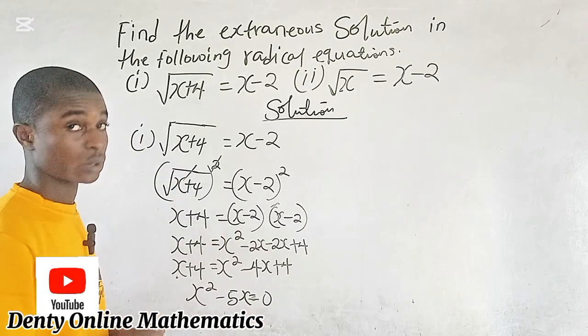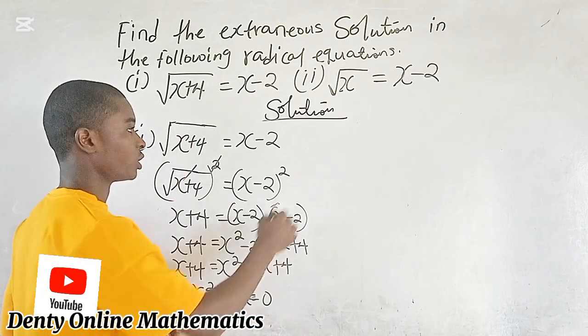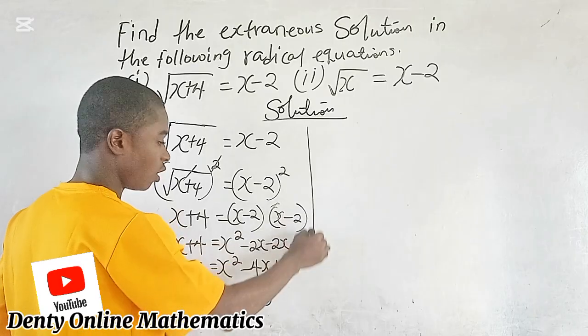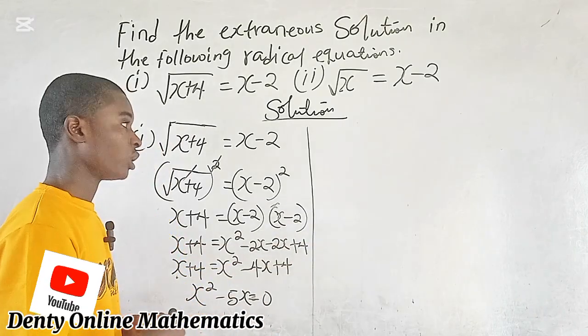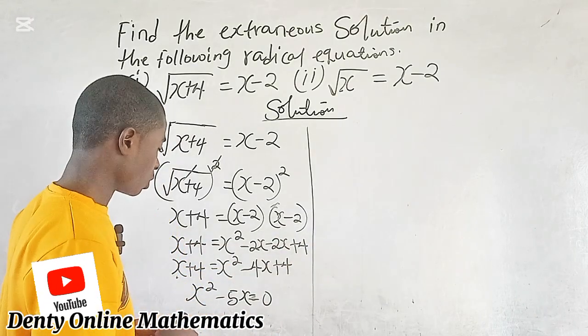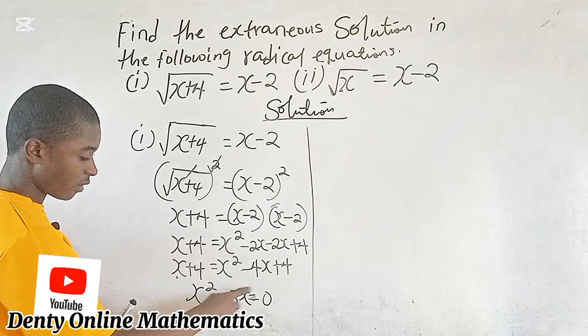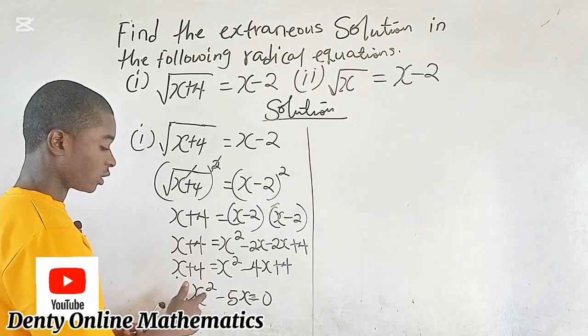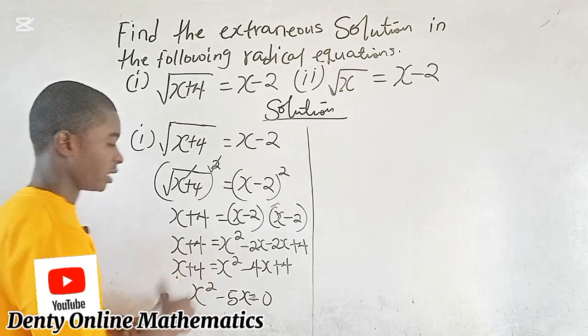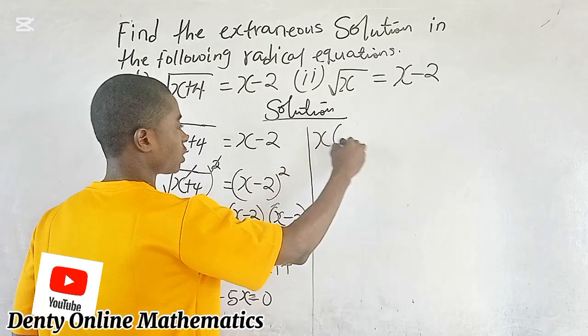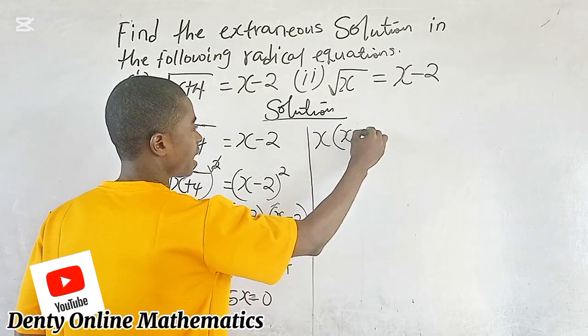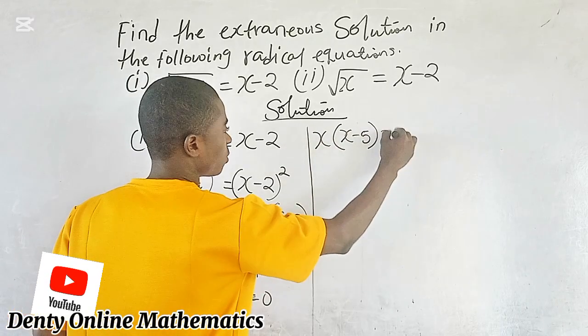We have a quadratic equation now, which we can solve using any of the methods we love to use. We have x squared minus 5x, so I'll factor out x. I'll have x times x minus 5 equal to 0.